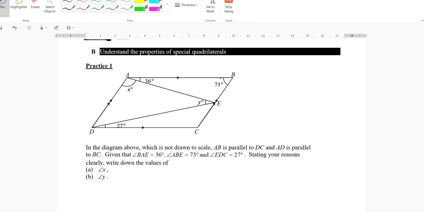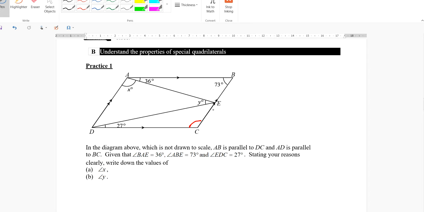So these two lines are parallel. What can you say about this angle? Sorry? Very good. How about Le Tao? Can you tell me what's the angle of DCB? These two lines are parallel.